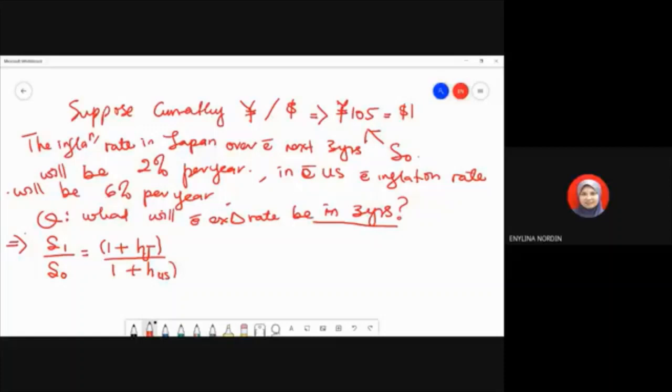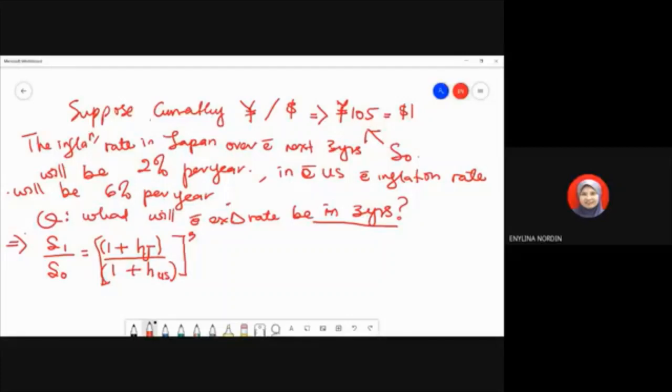But the question is asking you for 3 years time. In 3 years time, what will happen? Then you can simply put here for the next 3 years, to the power of 3.